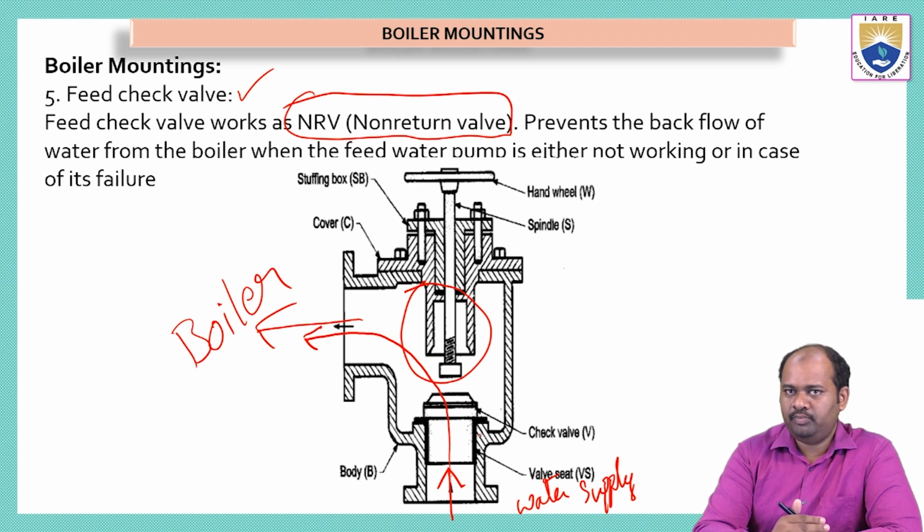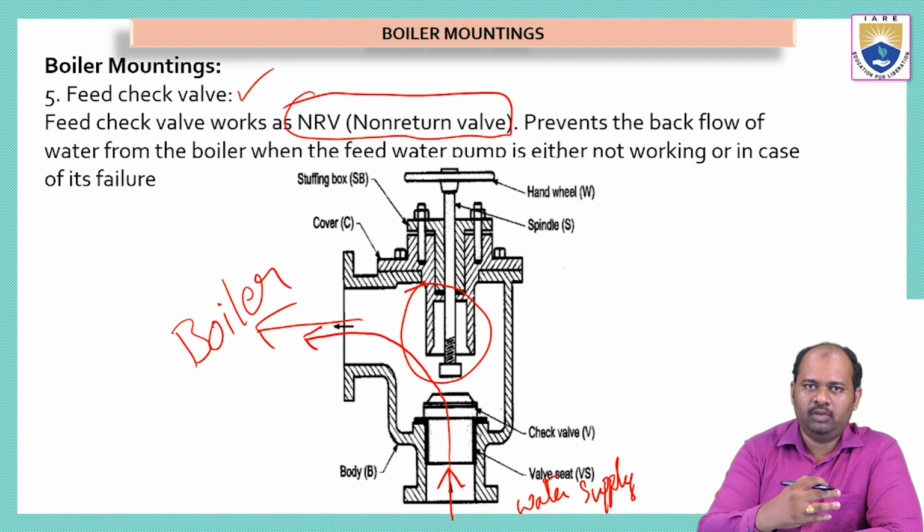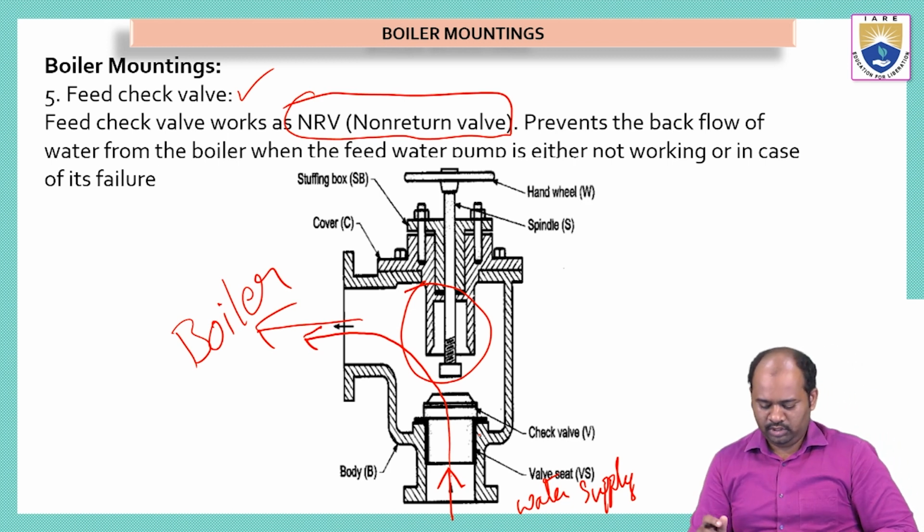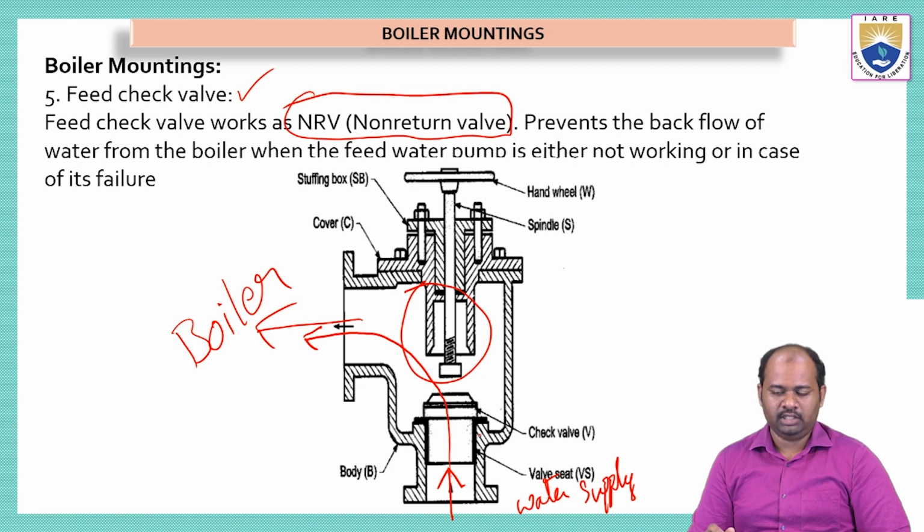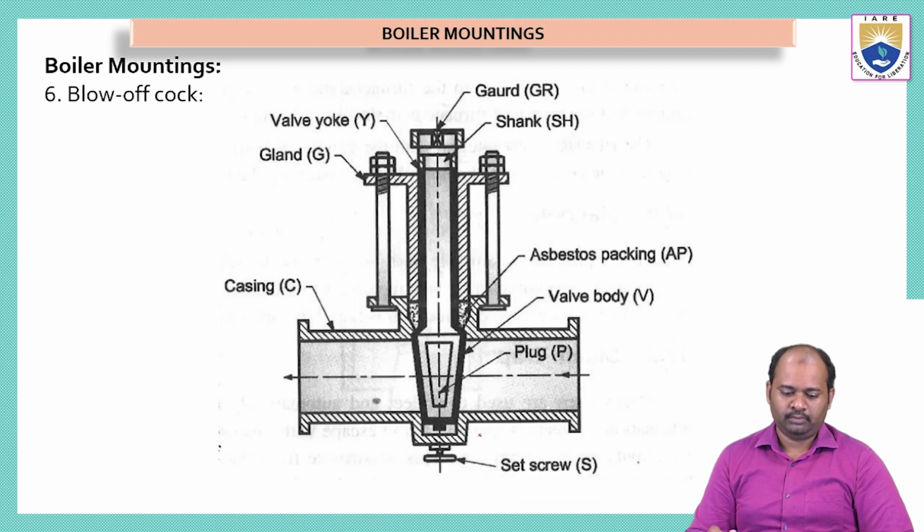So water cannot be taken out using this feed check valve. It has a special arrangement made of rubber. This rubber valve will not allow the water to flow out of the boiler. It lets water go into the boiler, but not come out of it.